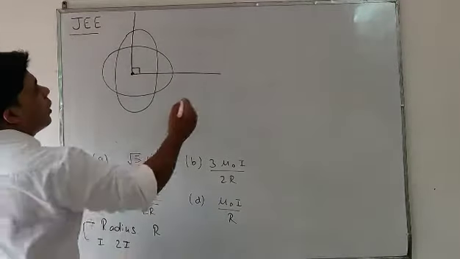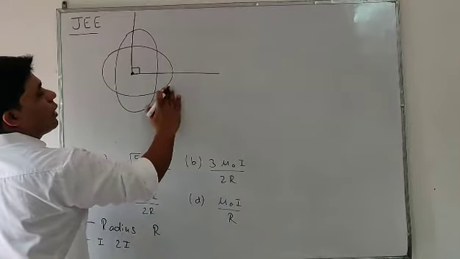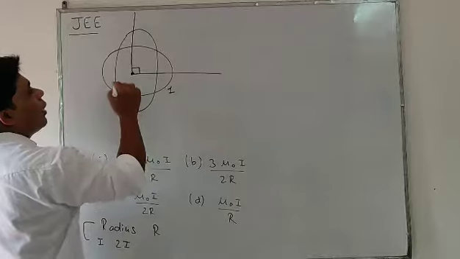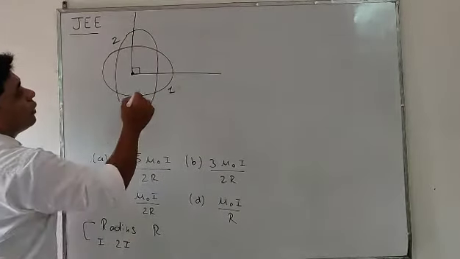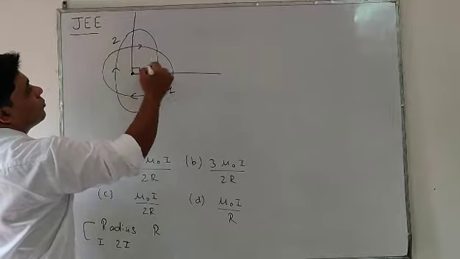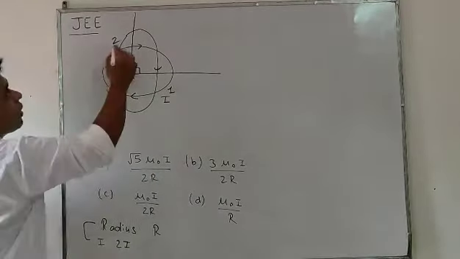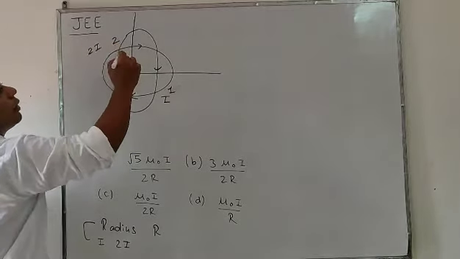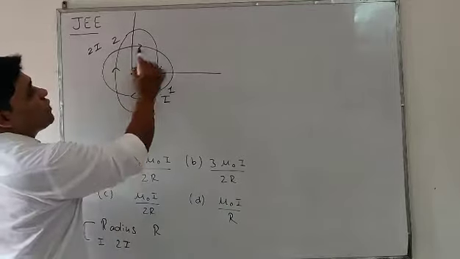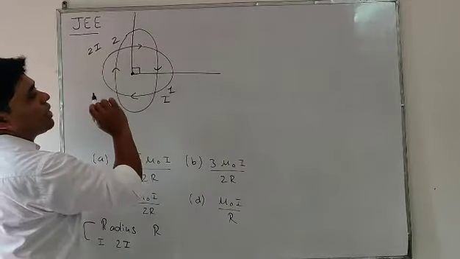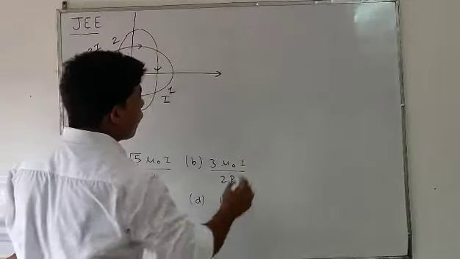Now this is marked as the first coil and this one is marked as the second coil, with the first having current I and the second having current 2I. Look, the first coil will produce a magnetic field at its center.